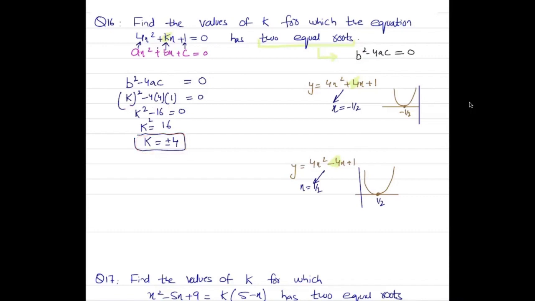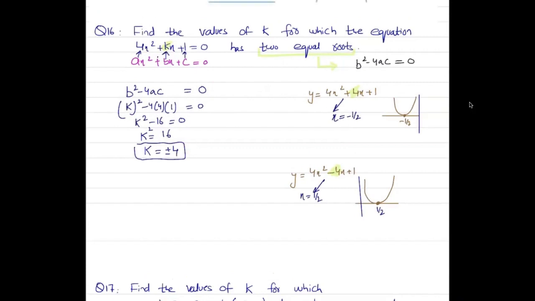The k value comes out to be plus and minus 4. The discriminant was set equal to 0 because we wanted two equal roots. Is this thing clear? Yes, sir.